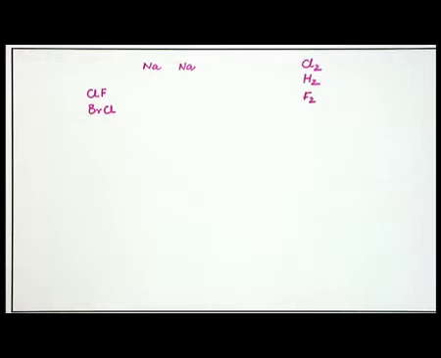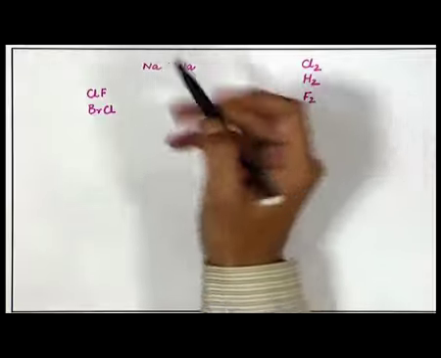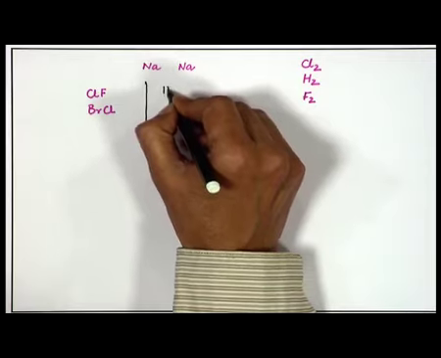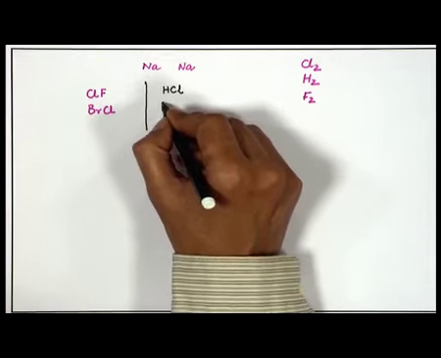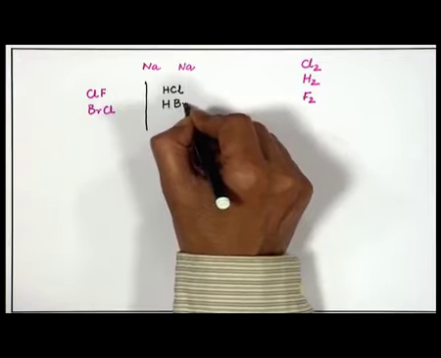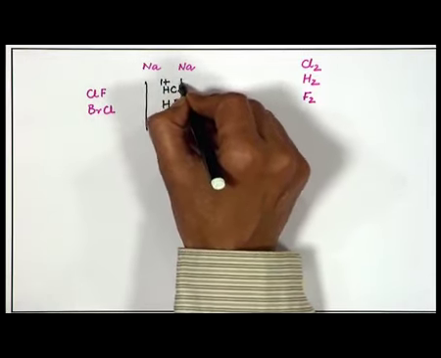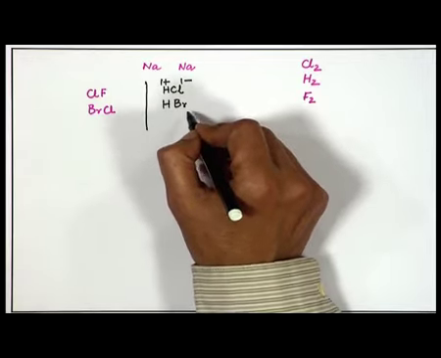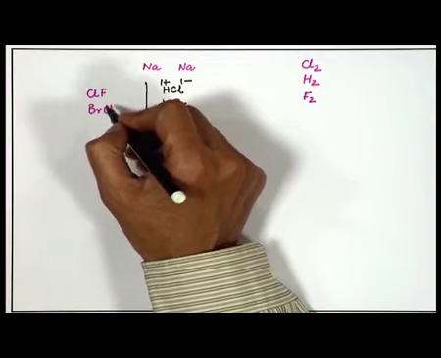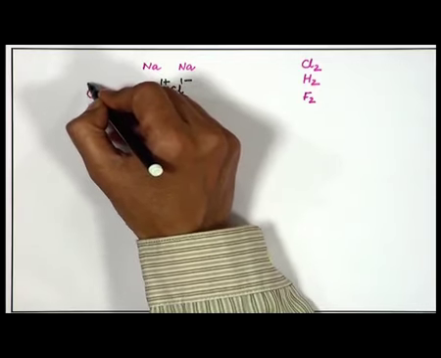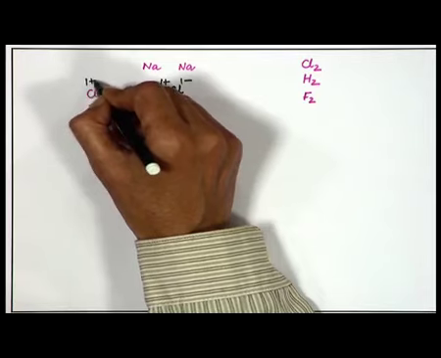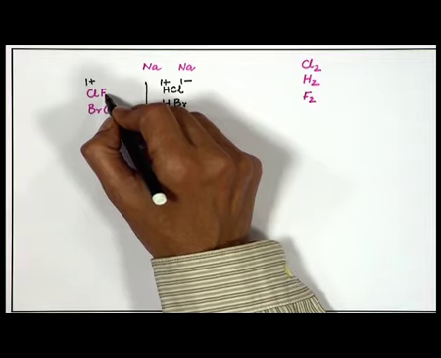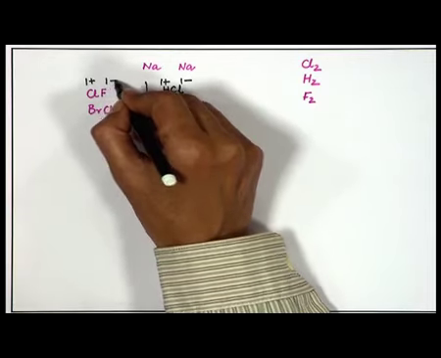If we look at the corresponding electronegativity values, we have already seen how you treat HCl or HBr: this will be 1 plus, this will be 1 minus. Similarly, for HBr it is also 1 plus and 1 minus, but what about this? In this case, ClF, Cl will be 1 plus, not 1 minus, because of the electronegativity difference from fluorine. So, fluorine will acquire the 1 minus charge.